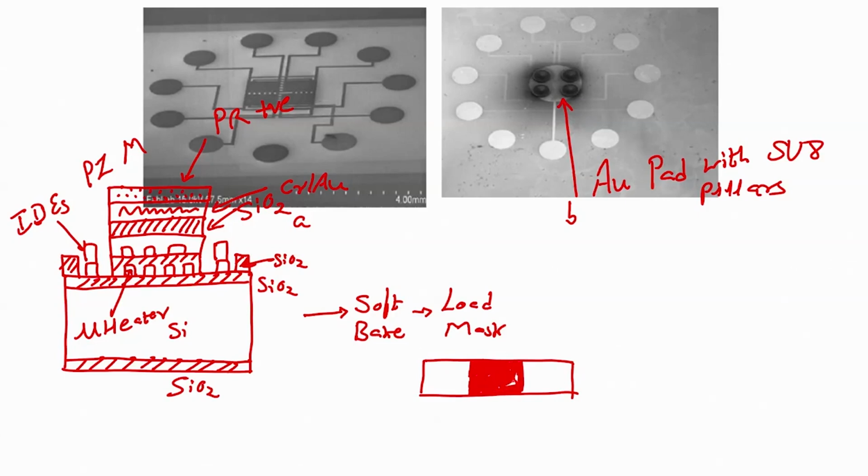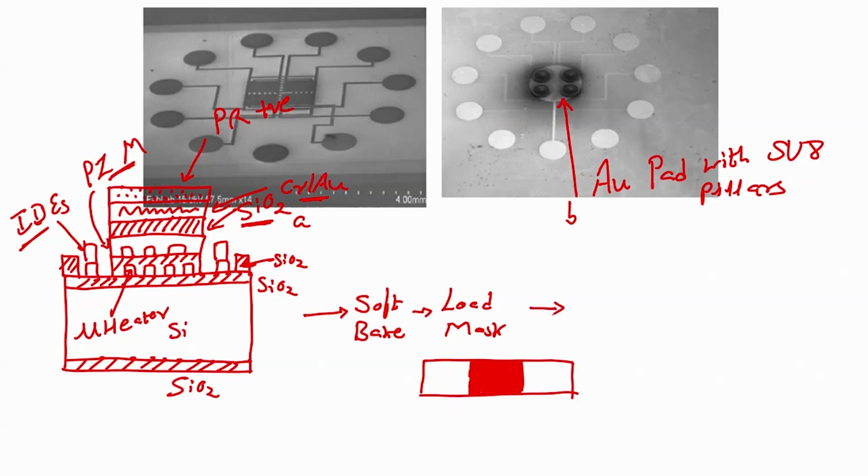But the one thing that we have to remember is that below the metal, below the gold pad, there is an insulating material, alright. You can see chrome gold is there, insulator is there, below insulator there are interdigital electrodes, and above interdigital electrodes here this is piezoresistive material, okay. So, this is my mask.